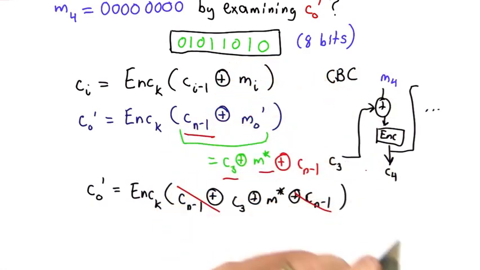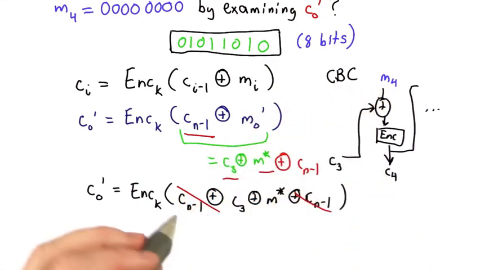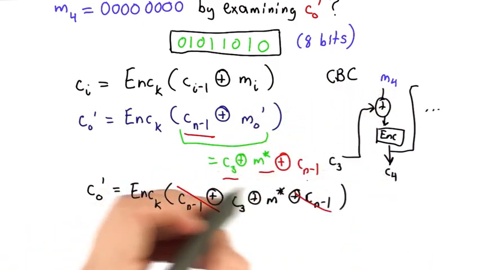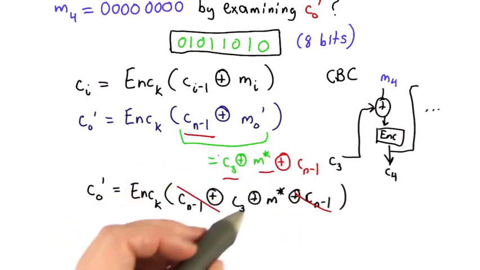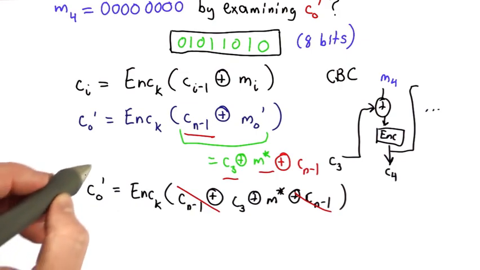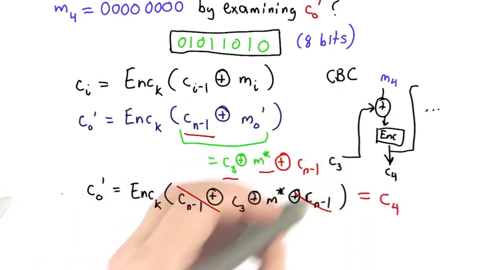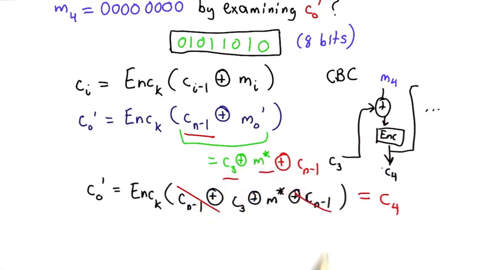Well, that's the same as we were doing here, right? That's encrypting M4, XORed with C3. We know what C3 is, so we could construct this message to pass in. We don't know what M4 is, but we know if this result is the same, well, then this should be the same as ciphertext block 4. And that would give us the answer to the question, was M4 equal to M star?